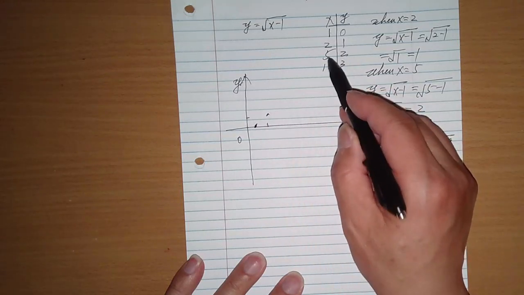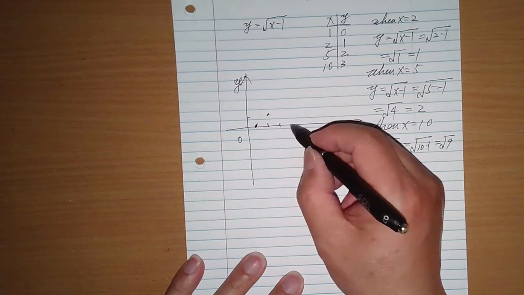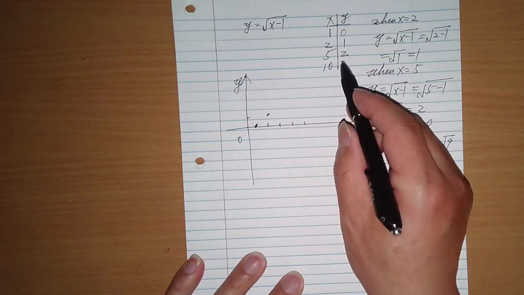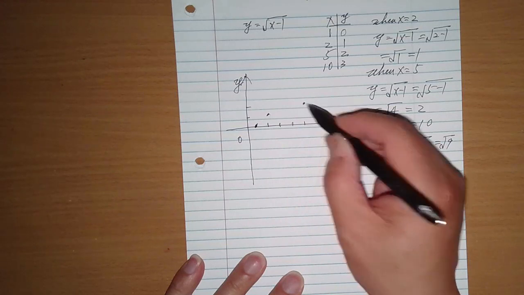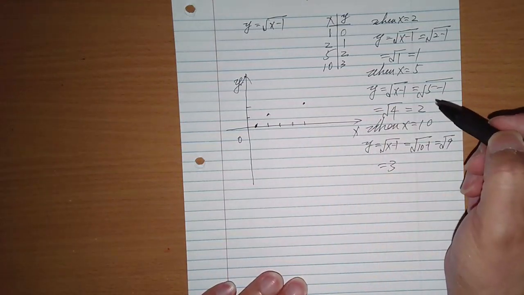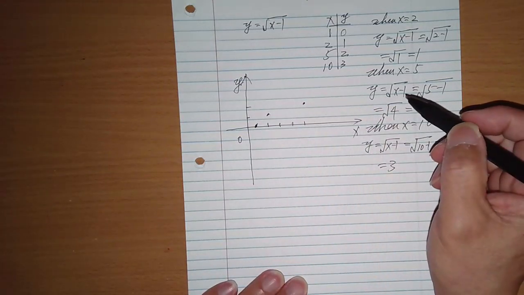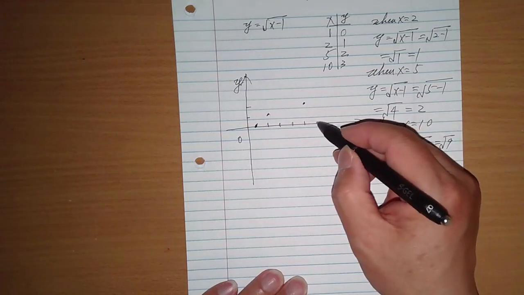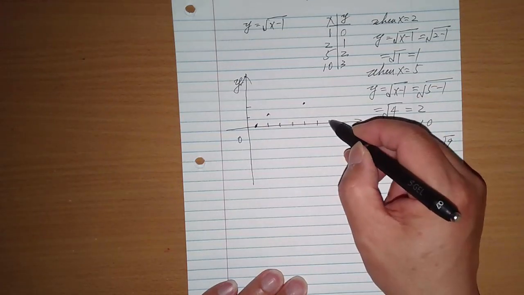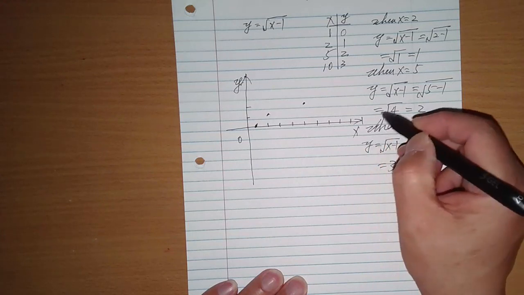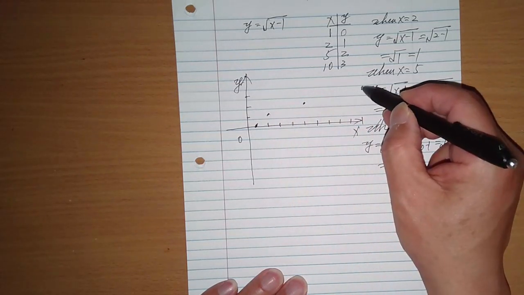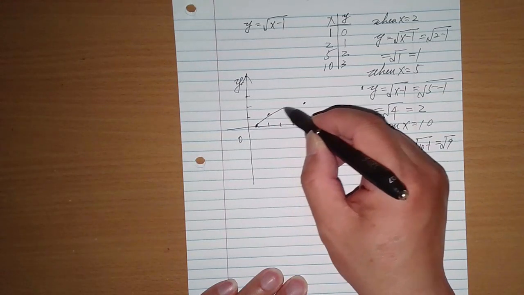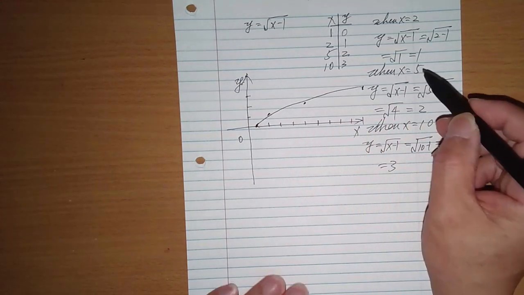When x equal to 5, counting 1, 2, 3, 4, 5, y equal to 2. When x equal to 10, counting 5, 6, 7, 8, 9, 10, y equal to 3. It's right here. So it's going to be something like that.